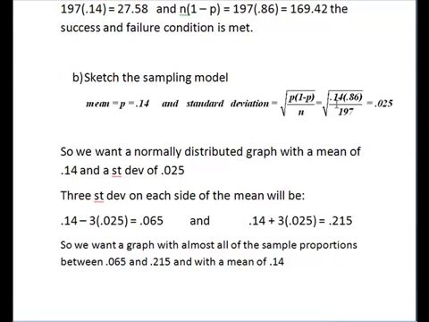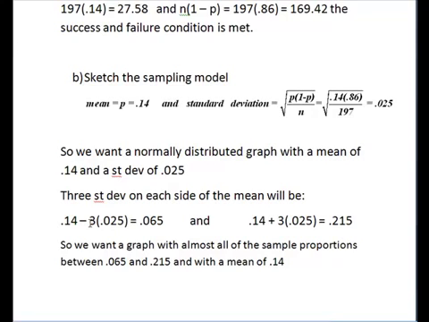So for p, we substitute in 0.14, and for n, we substitute in 197. And being careful not to round off until the end, we get a standard deviation of 0.025. So what we want to do is sketch a normal distribution with a mean of 0.14 and a standard deviation of 0.025.